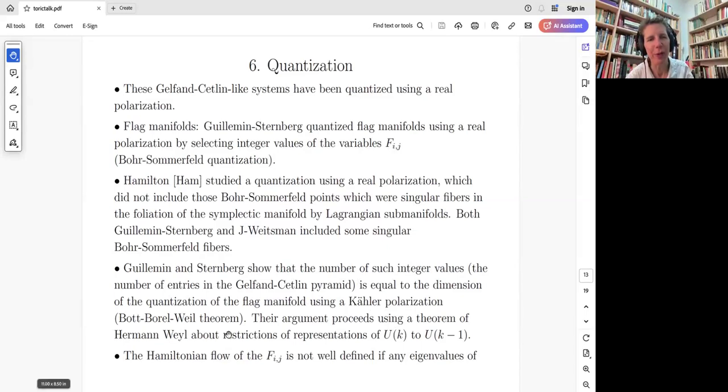So for them, that count comes from the Borel-Weil theorem. They used a theorem of Hermann Weyl about restrictions of representations from U(k) to U(k-1). That was how they did this count.